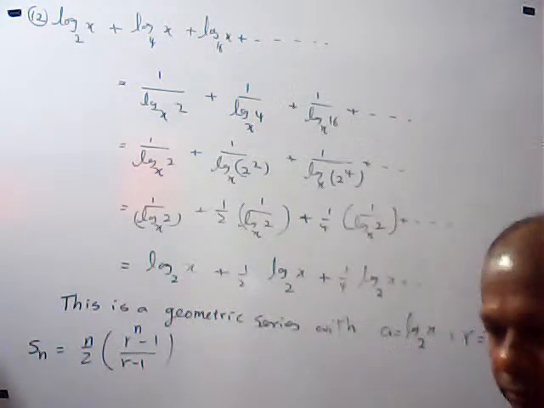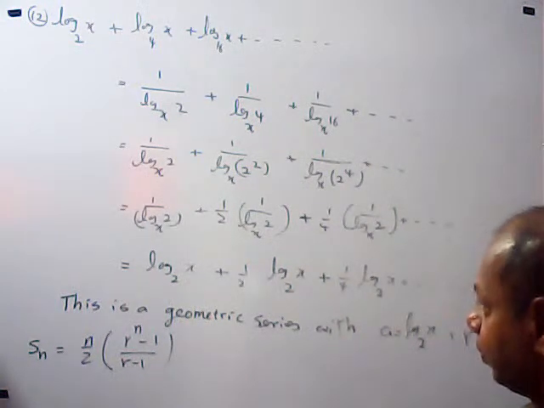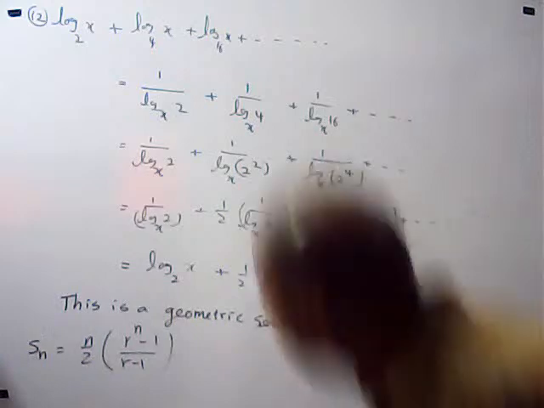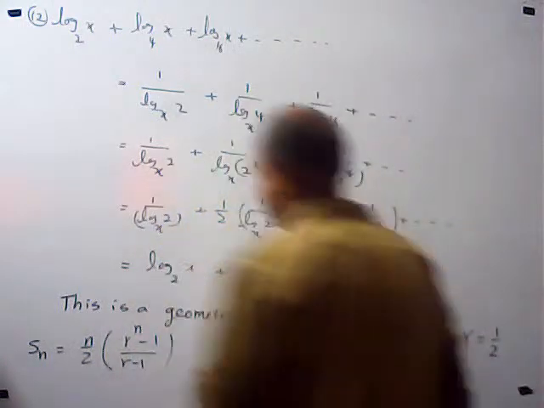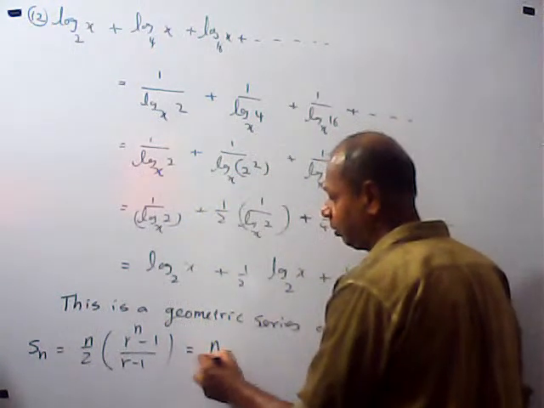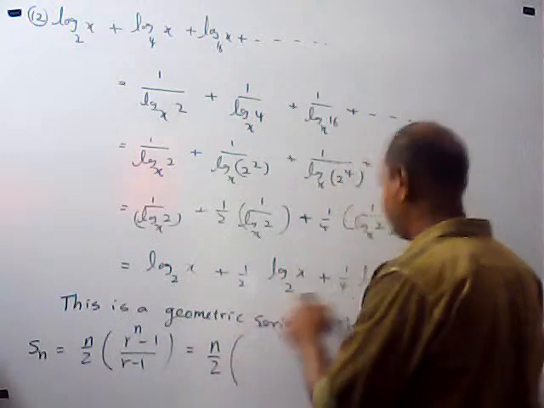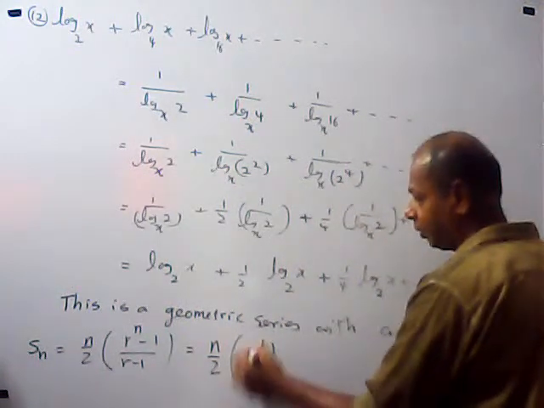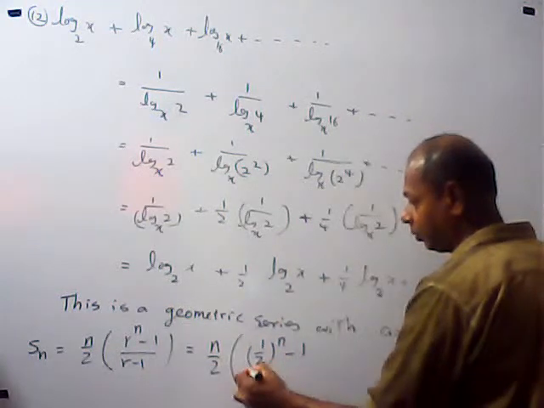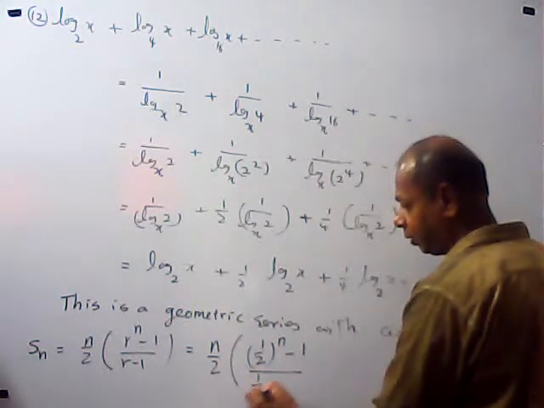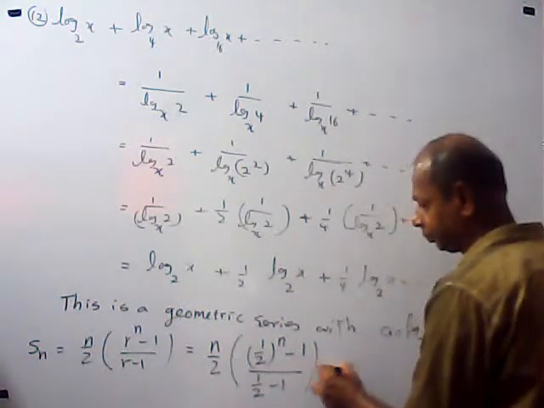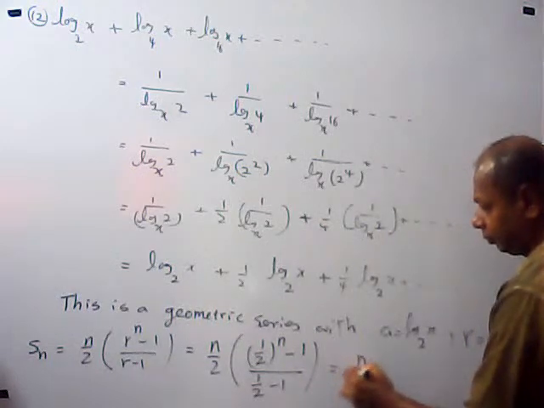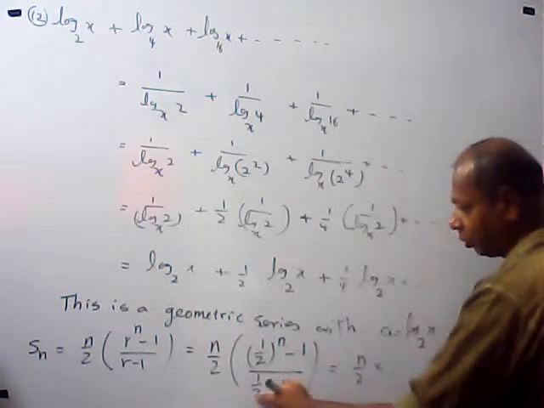You have to find the sum of first n terms. So n will remain n. R is half, to the power n minus 1 over half minus 1. n over 2, this will be minus half.